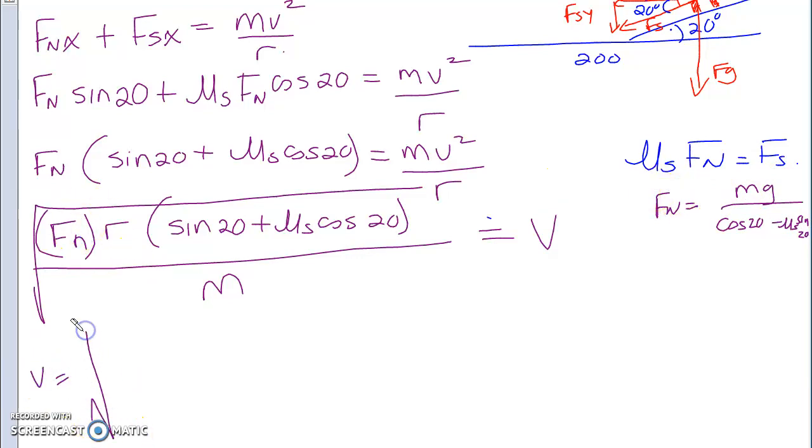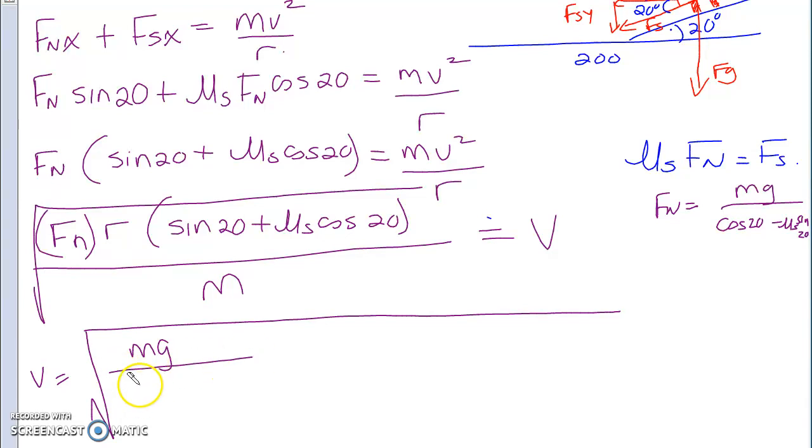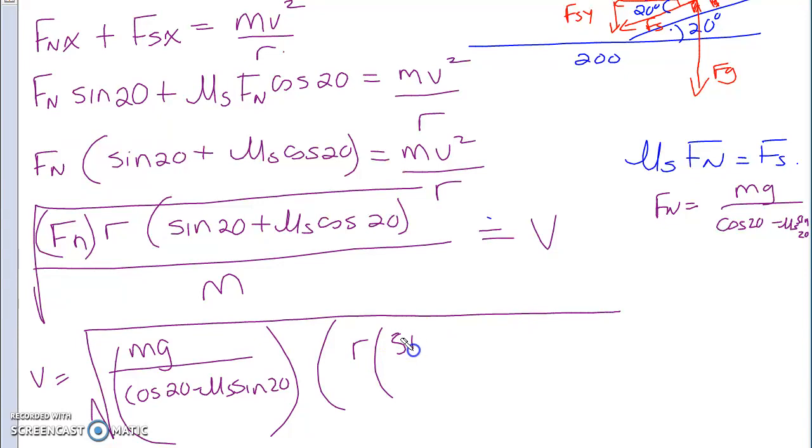So you end up with the following. God. So mg divided by cos 20 minus mu s sine 20. Okay? Times r times sine of 20 plus mu s cos 20 divided by m.